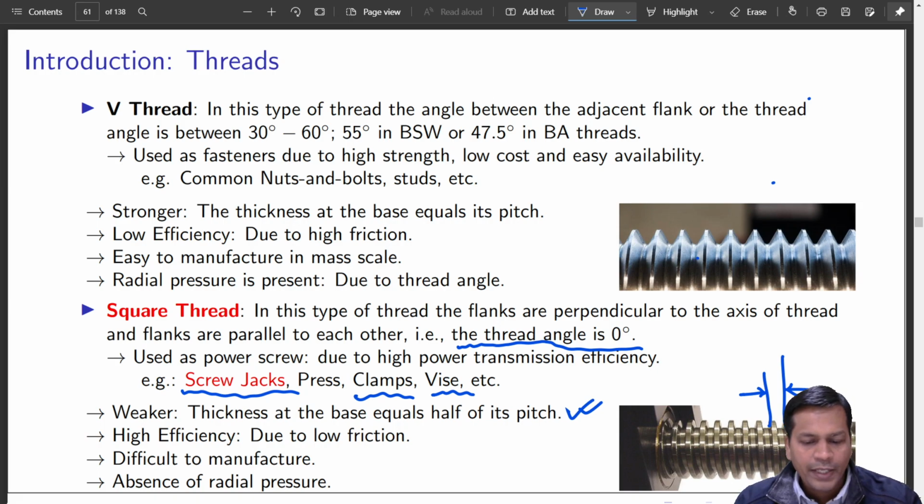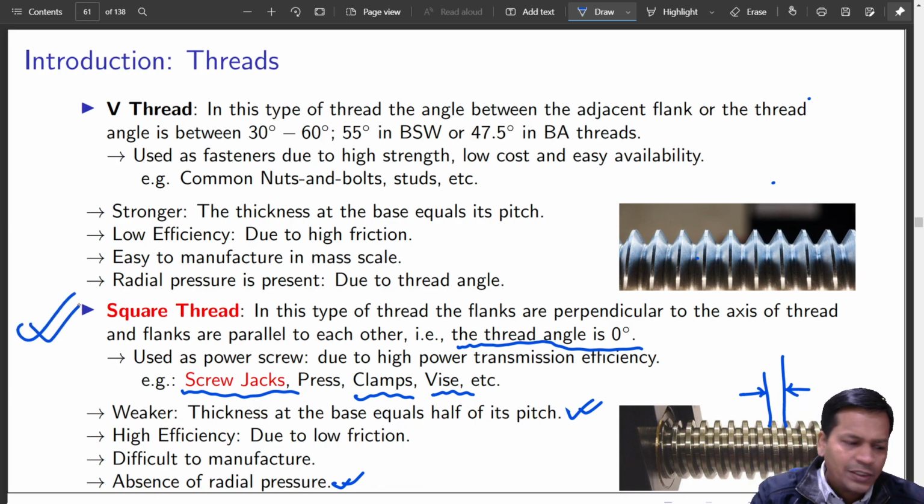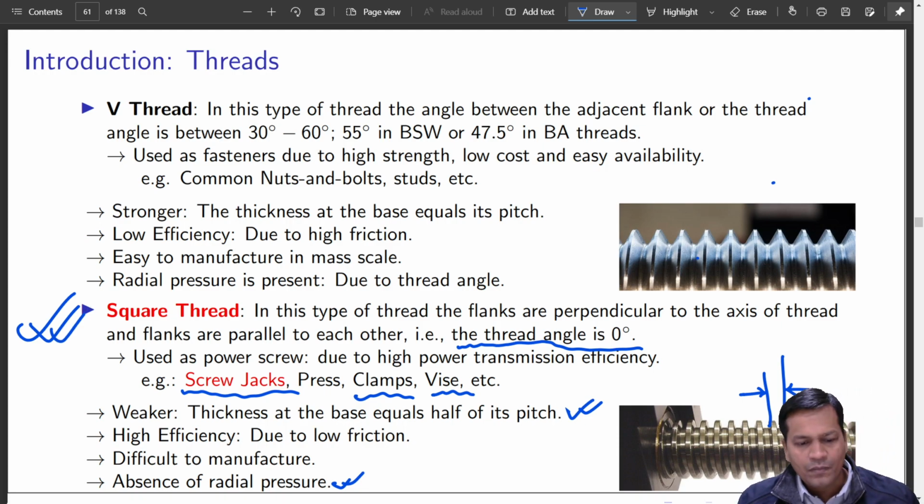And absence of any radial pressure is there, that is why it is more popular. Your load is directly transmitted in one direction, towards the axis of the thread itself. So you can directly transfer the load instead of getting it split in two directions. So this is something of interest that we'll cover now.